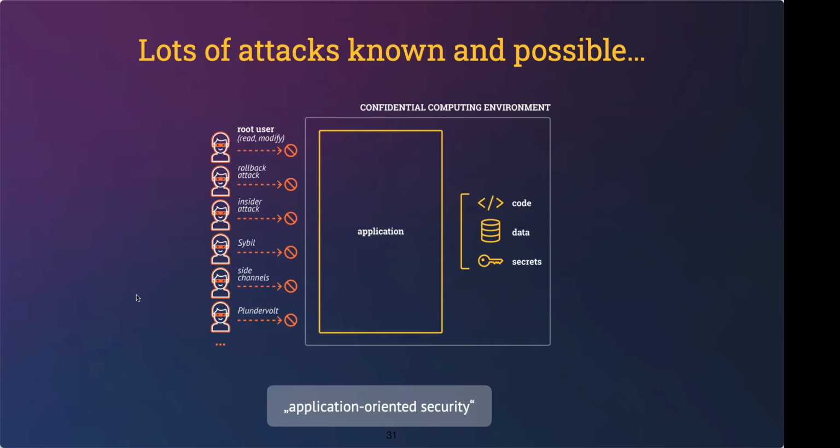I can also do physical attacks on my system to learn about application systems. There's, for example, Plundervolt, which lowers the voltage of the CPU and then causes some miscomputation, where sometimes secrets are exposed to the adversary or the integrity is violated.